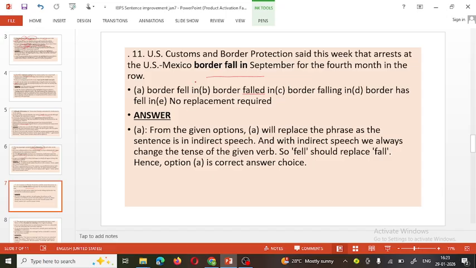The first option is correct: border fell in. Why? The sentence is in indirect speech, and with indirect speech we need to change the verb. So fell should be there instead of fall, and option A is correct here.